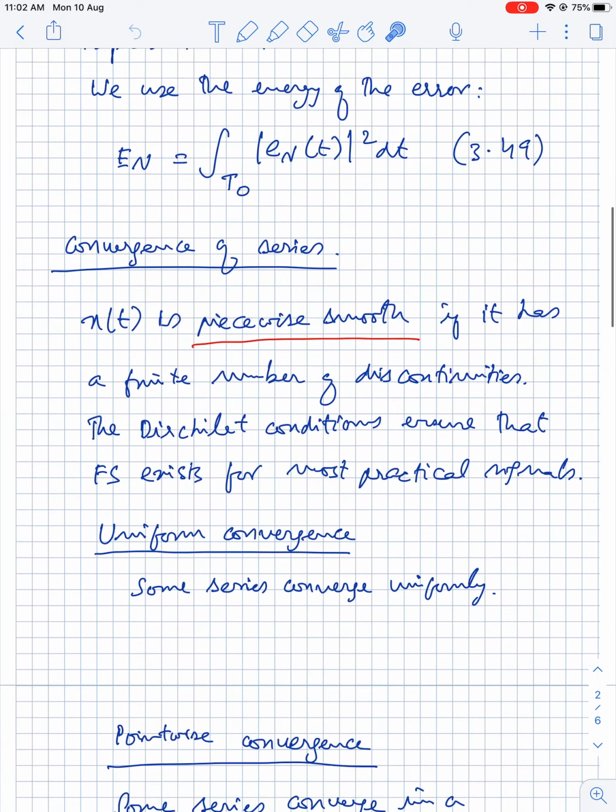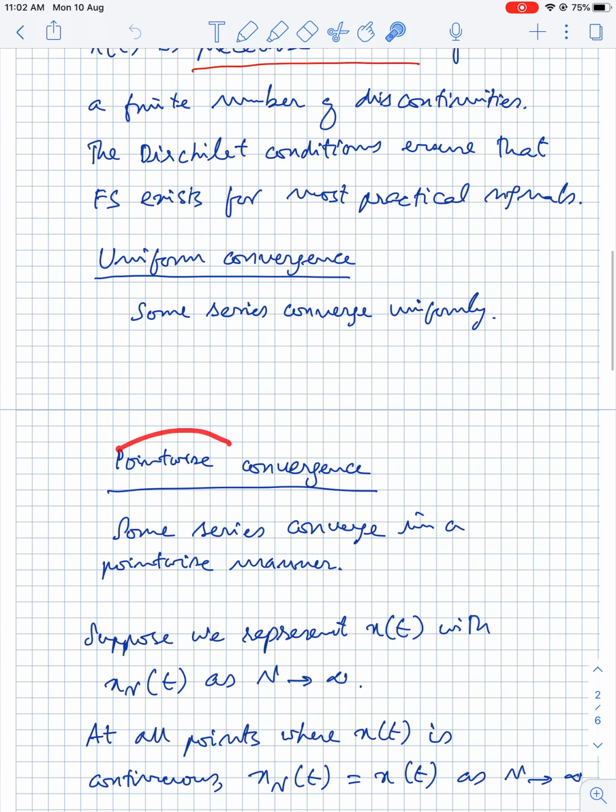Another way of convergence is pointwise convergence, which is a little more difficult. Uniform convergence is ideal convergence; if all series have this, then we are very happy. But some series may not have this, so we also go in for pointwise convergence, in which the definition is slightly different.